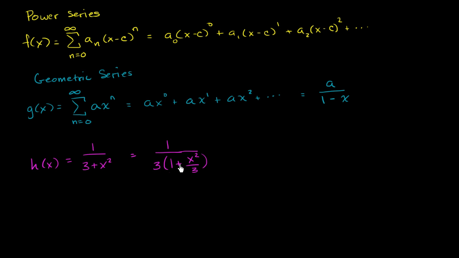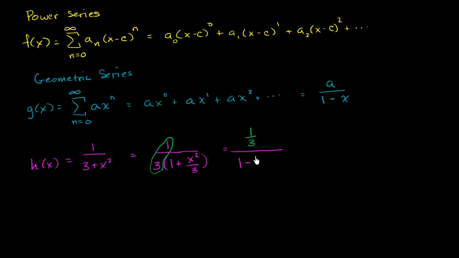So if I were to redistribute, you would get this again. Now I could rewrite this. Instead of 1 over 3, I could write this part right over here as 1/3 over 1 and I want to subtract this thing instead.